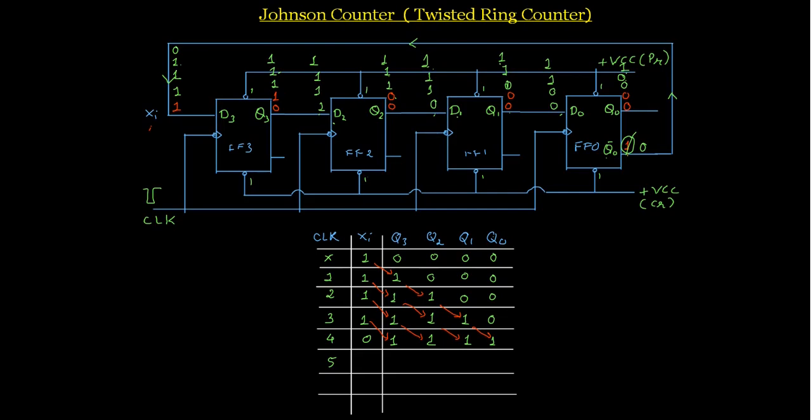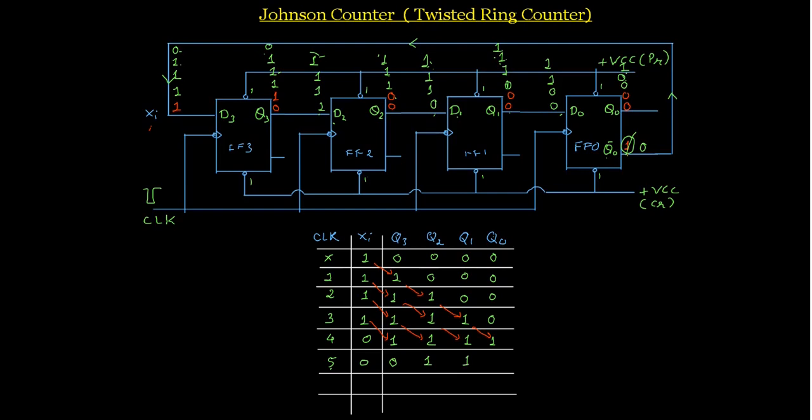Now at the end of the fifth negative edge, the input is 0, and this one is going to be transferred to Q3, so this becomes 0. Now the output of Q2 will be 1. Then the D1 input is transferred to Q1, and it is also going to be 1.